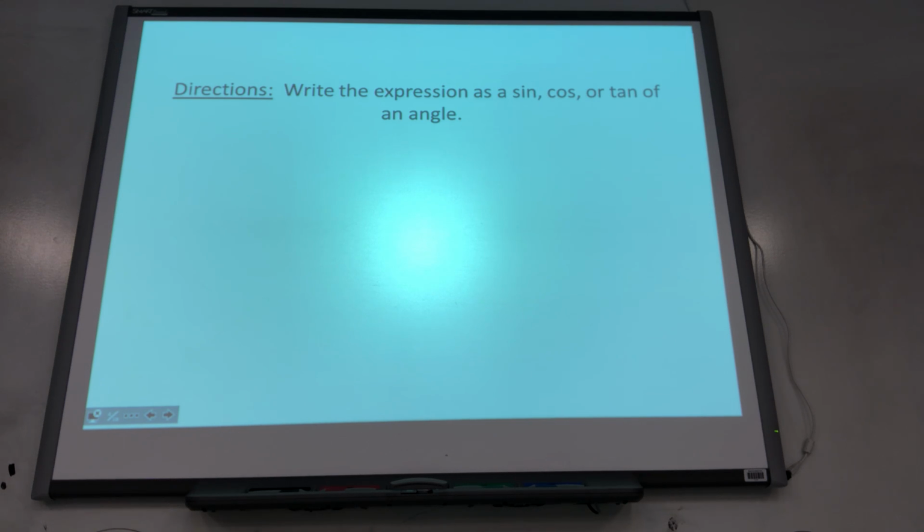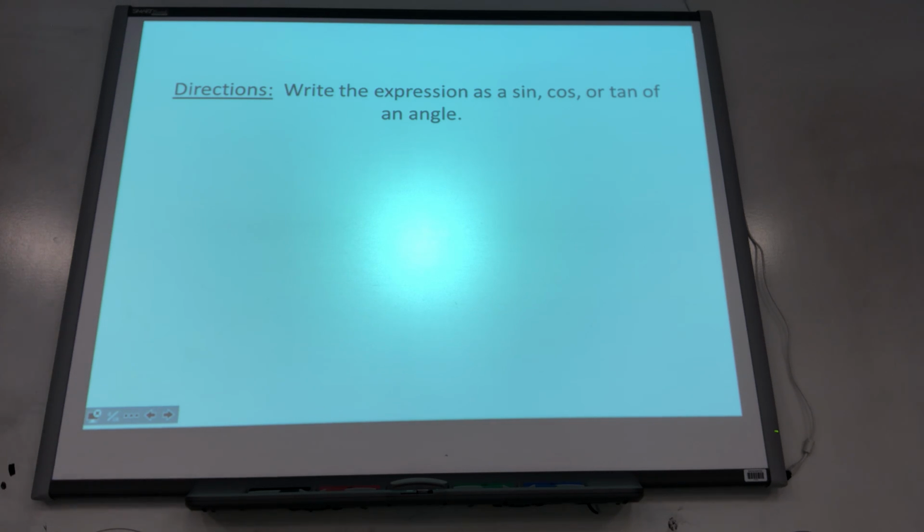It says write the expression as a sine, cosine, or tangent of an angle.